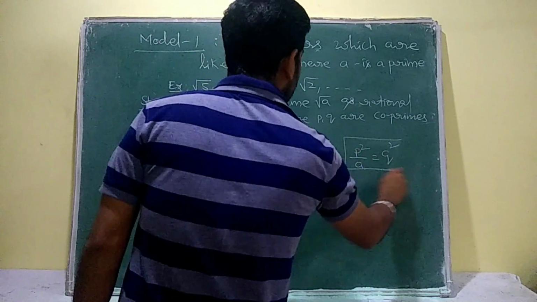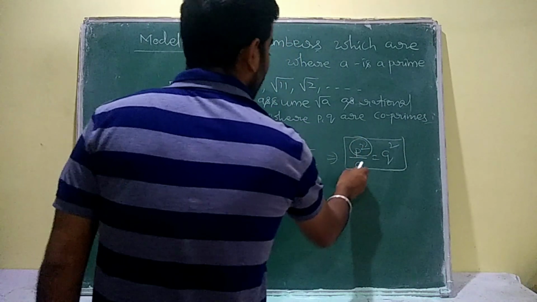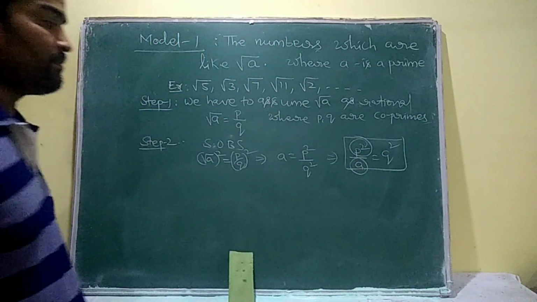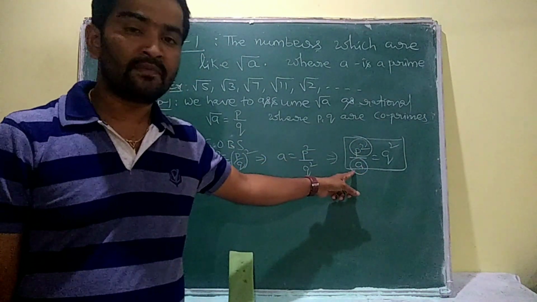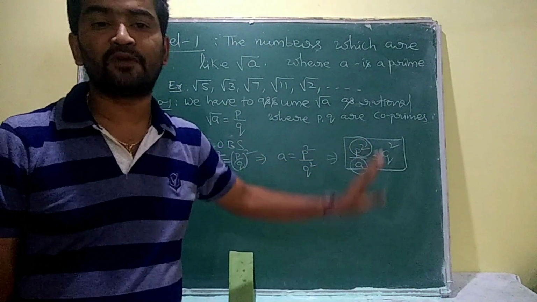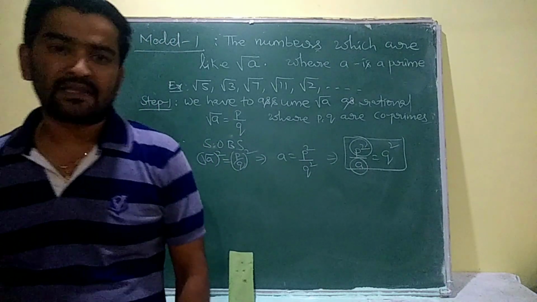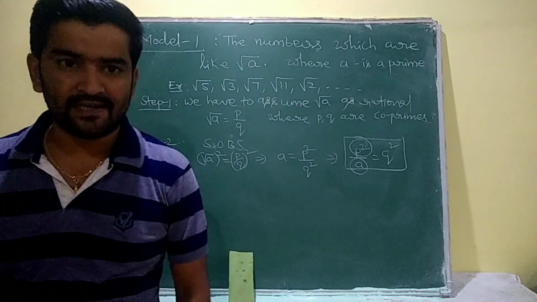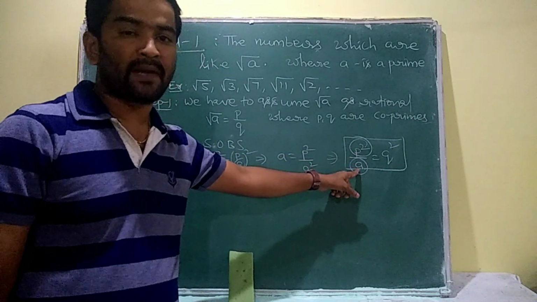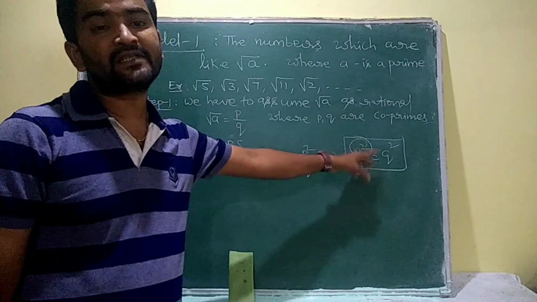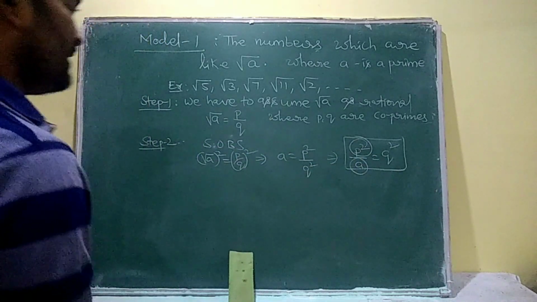Here observe this. P square is a square number. Now A is a prime. If a square number is divisible by a prime, then that number is also divisible by the same prime. That is theorem 1.6. We already learned it. So this P square is divisible by the prime A. So this P is also divisible by the prime A.